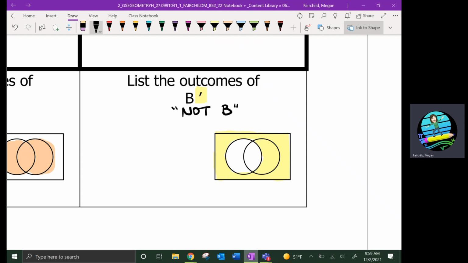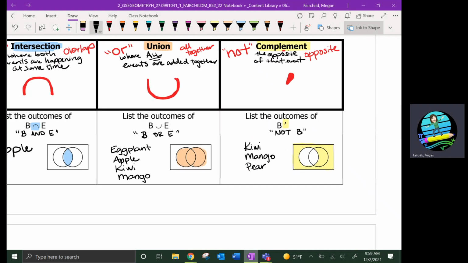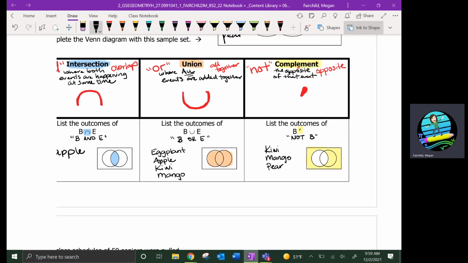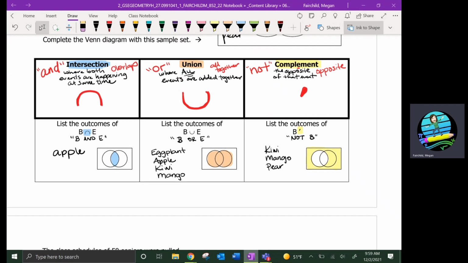So that was kiwi, mango, and pear, right? Did I miss any? No, yeah, that was it. All right. Again, most important things in this entire unit right there. Intersection and union or complement, not with the apostrophe.